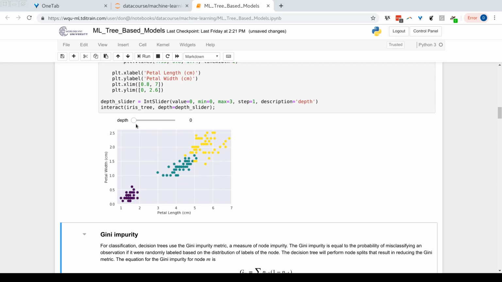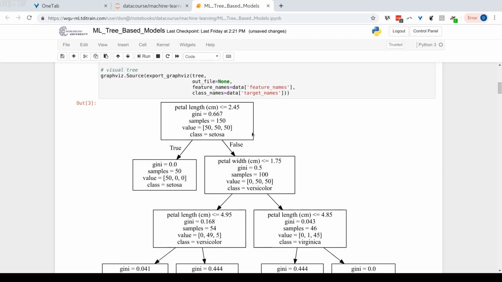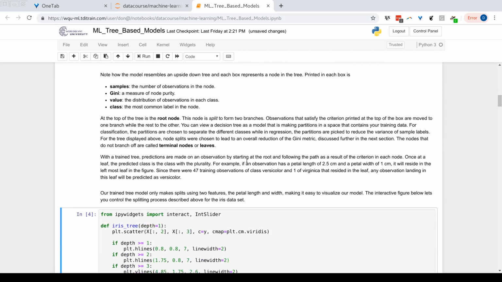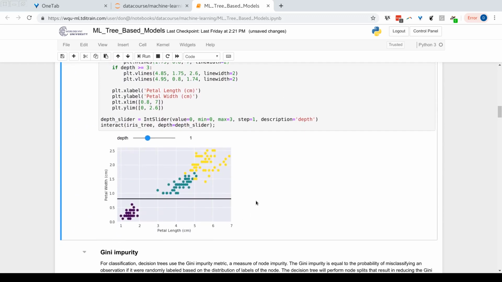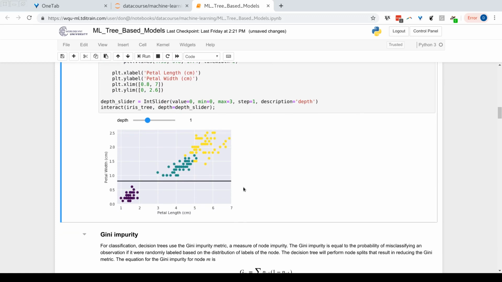So let's see what happens if we set a depth of 1. In other words, we're going to see how the model is working at this depth, that initial split, saying that the petal length is less than or equal to 2.45. Okay, so this is our split there.